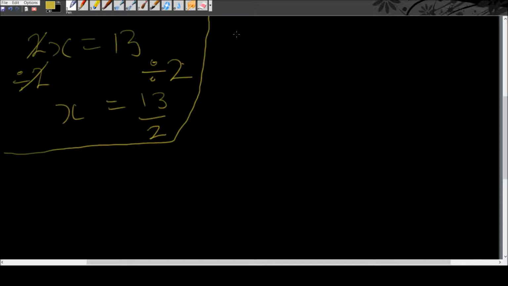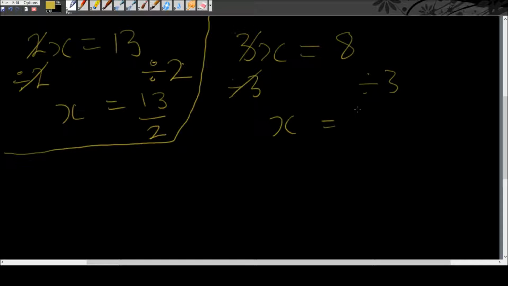So we've got 3x is equal to 8. Basically going to divide both sides by 3. Divide that side by 3. The 3 is going to cancel that out. So we're just left with x is equal to 8 divided by 3. Okay.